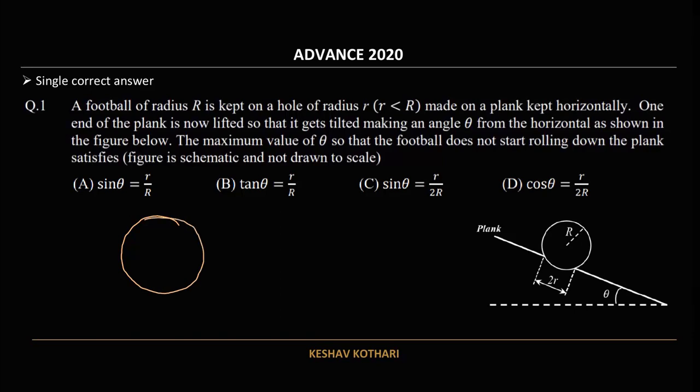to begin, the weight of the football is acting in the downward direction, which is equal to mg. And if I draw the plank at this instant, the plank is going to be in this position, at this point.